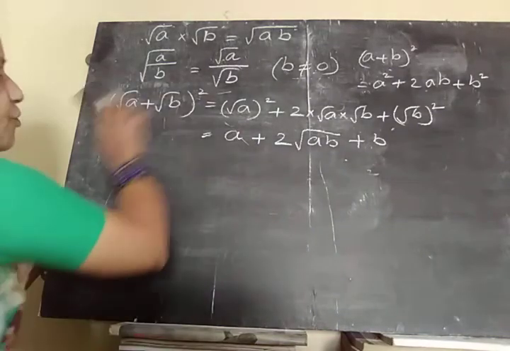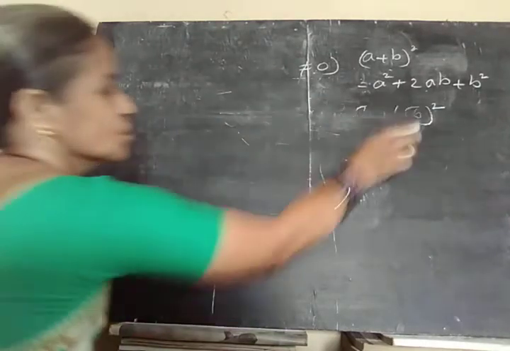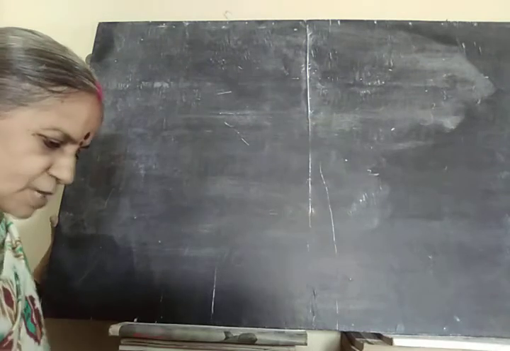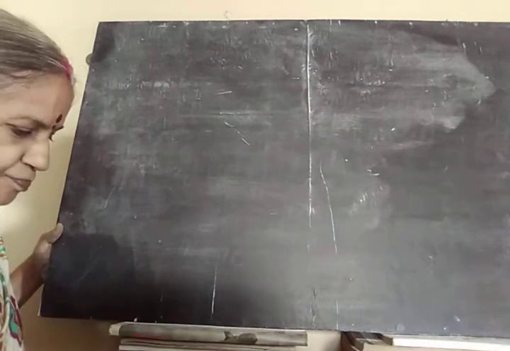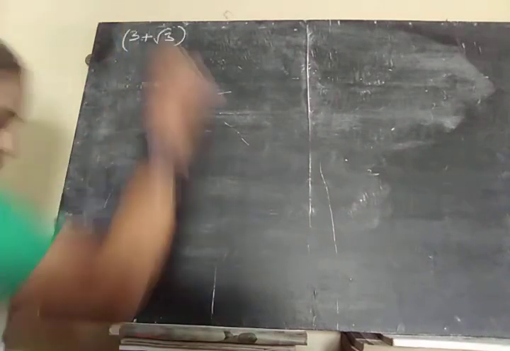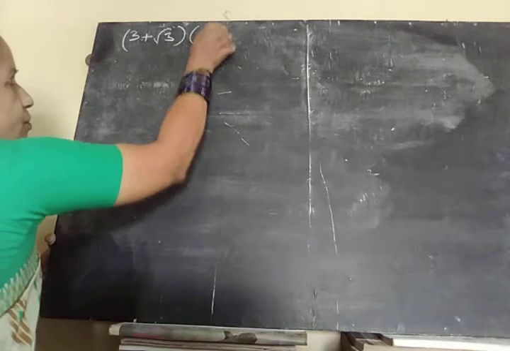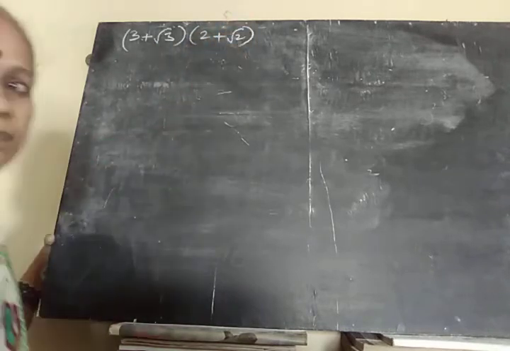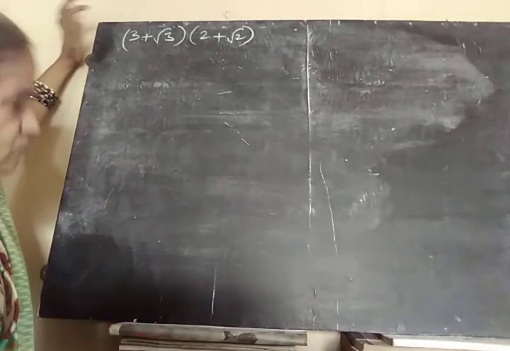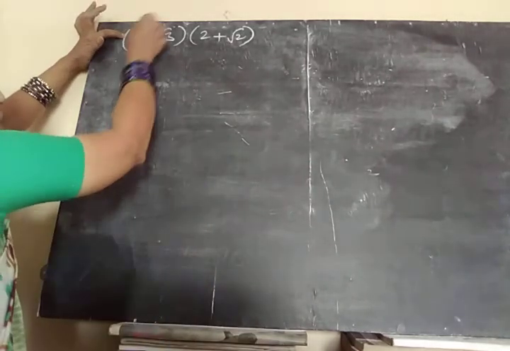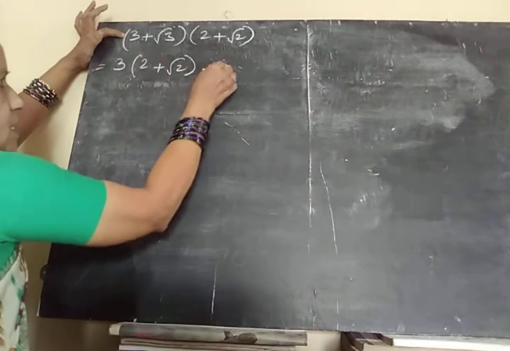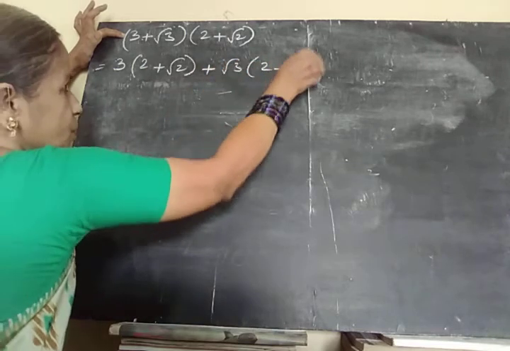Now example 15. Simplify the following expressions. 3 plus root 3 into 2 plus root 2. Simplify, multiply. How to multiply? Okay. First we have to write 3 into 2 plus root 2, plus root 3 into 2 plus root 2.